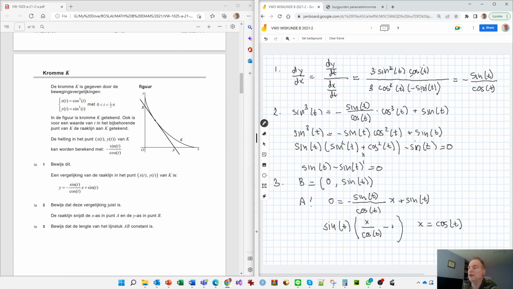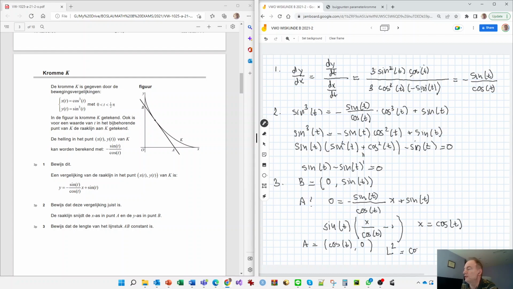for the length of this AB, okay, let me first try. So A is (cosine t, 0), and the length squared is the x coordinate of A, which is cosine t, minus the x coordinate of B, squared.